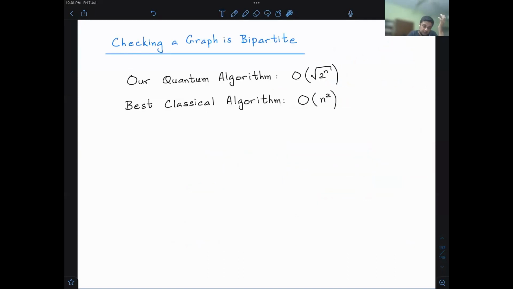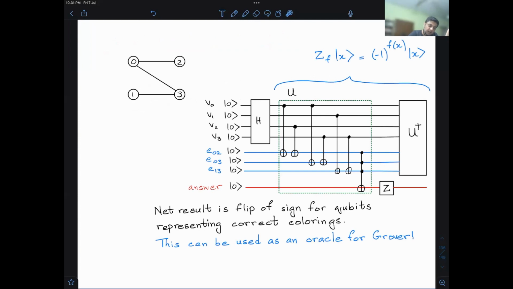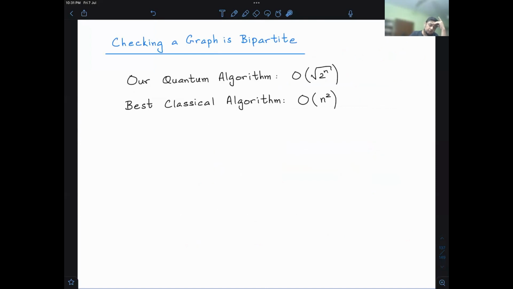And before we celebrate too much, here's a side note. We've seen how to construct the oracle for bipartite graphs. Yes, after this oracle call, you can go ahead and do Grover's search and be done. But the issue is, this quantum algorithm is O of square root of 2 to the n. Having said that, given our restriction to bipartite graphs, there actually is a very nice efficient polynomial algorithm that classically does the job for us.